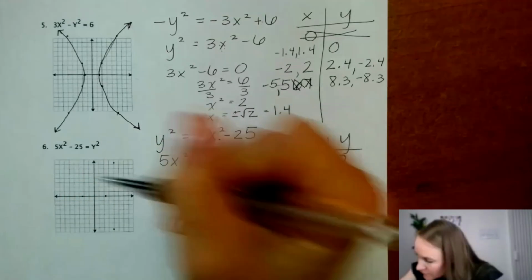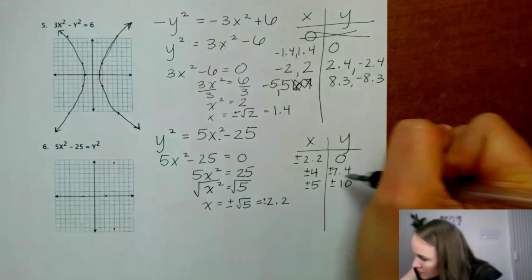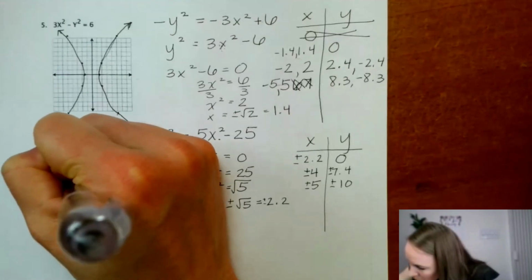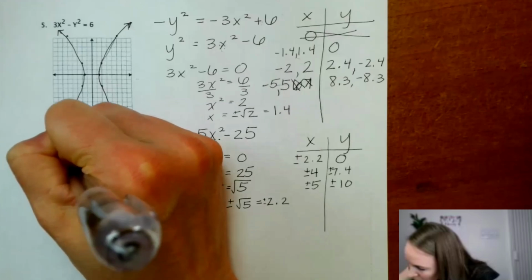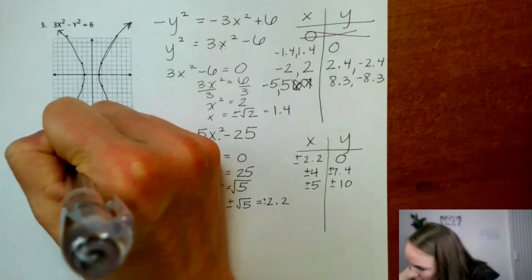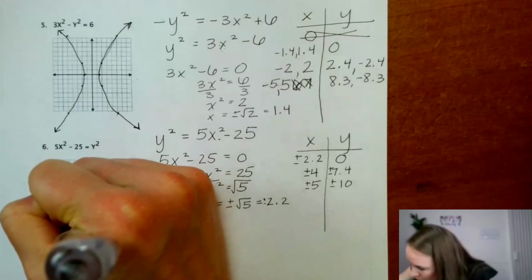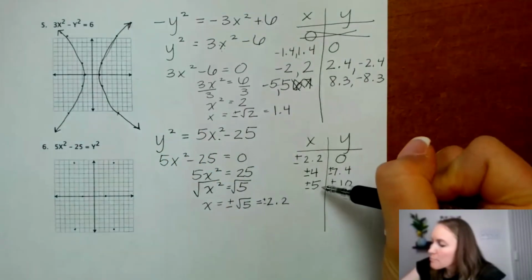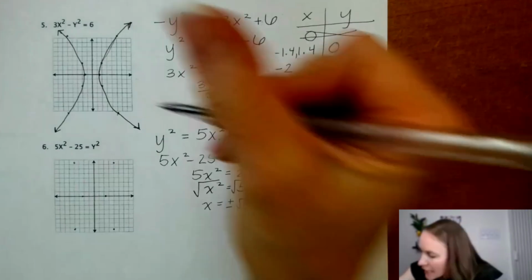And the negative x value with positive and negative. And it is a mirror image, so you can always estimate by that. And then positive negative 5, positive negative 10.